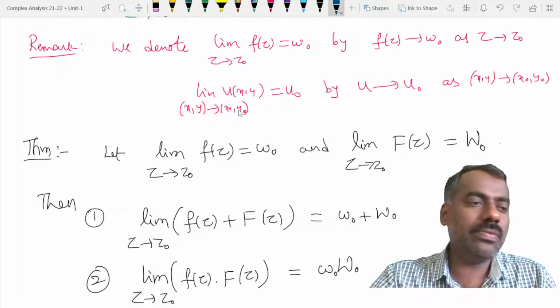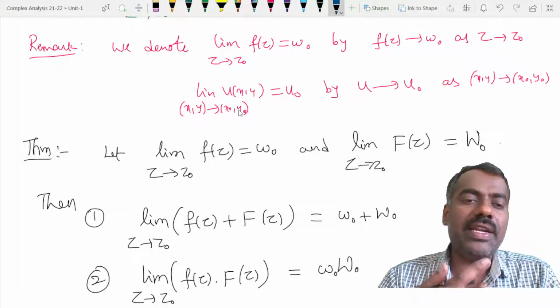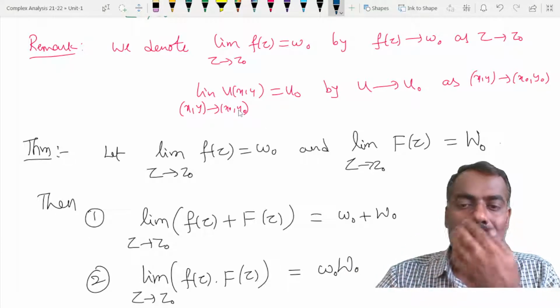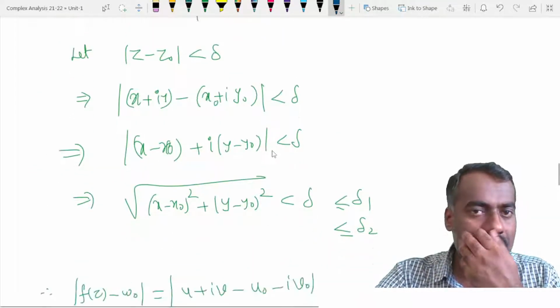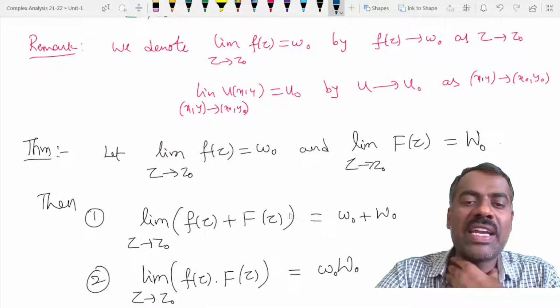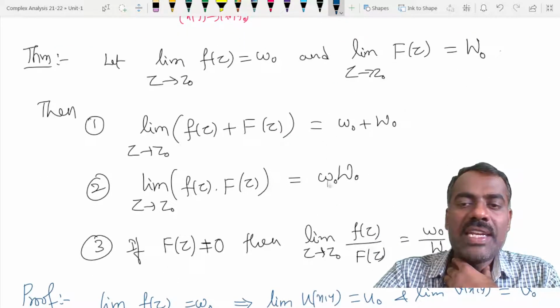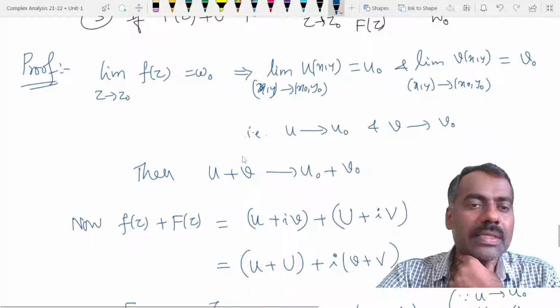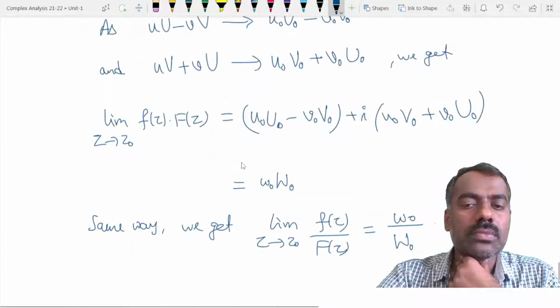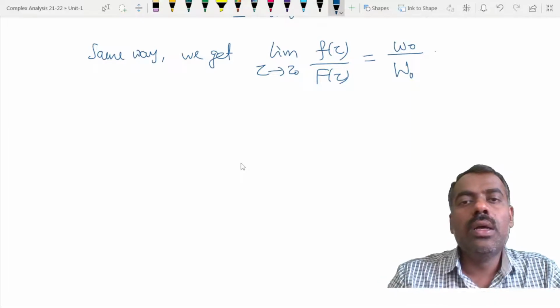We know for the real case they are already true, then we are proving it for the complex case using this theorem. Is this clear? That means every time we are simplifying the right hand side, we are showing this value, and therefore it is the same as the limit of the complex function. Clear?